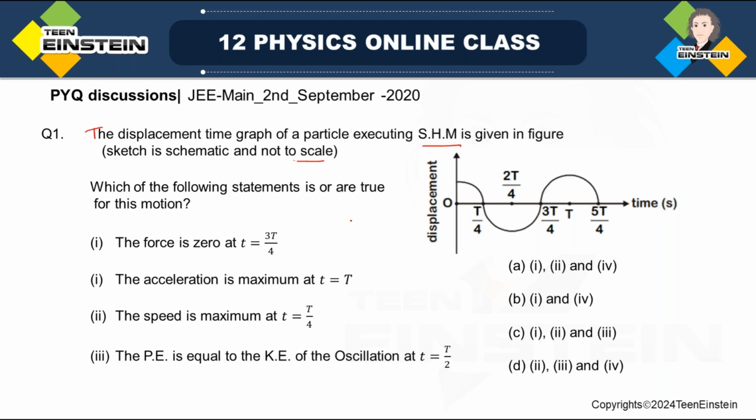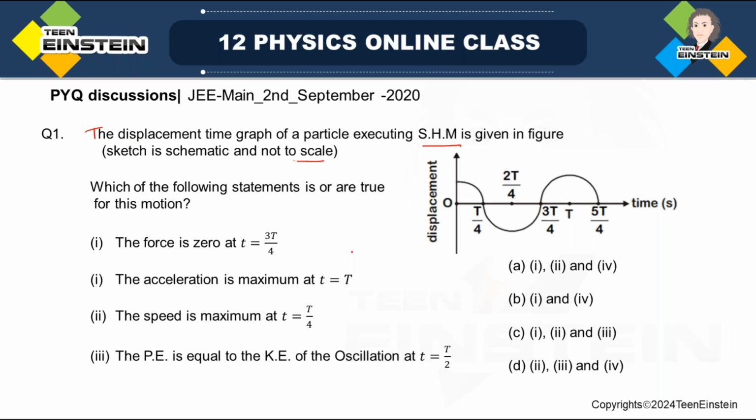So these are the options you see, these are the points given for this particular figure, and these are the options we have to see. There are multiple points, out of 4 there is more than one correct point related to this figure.